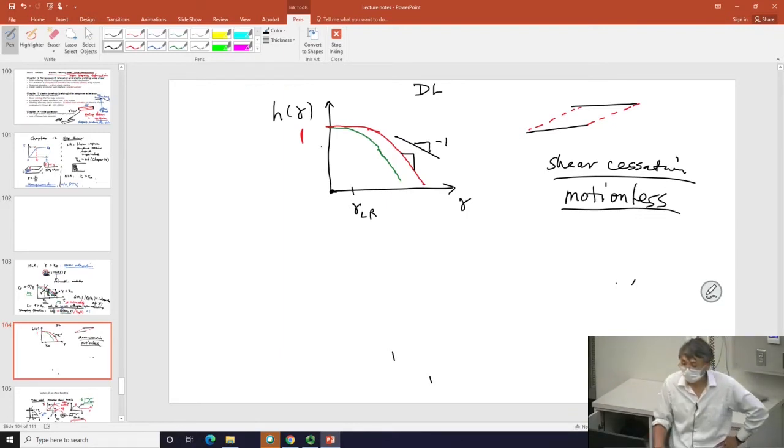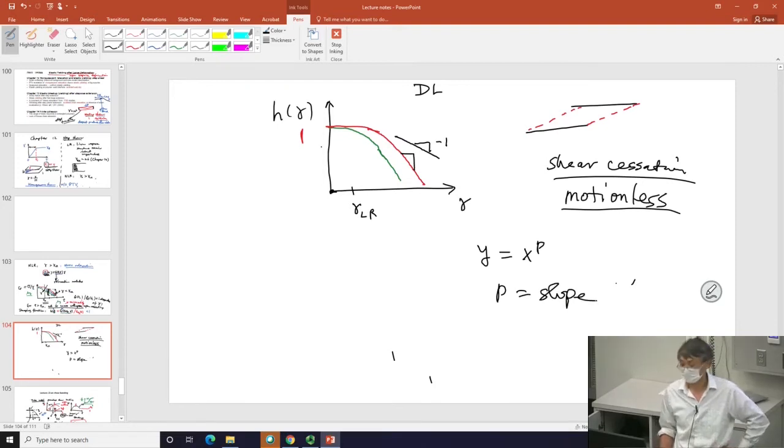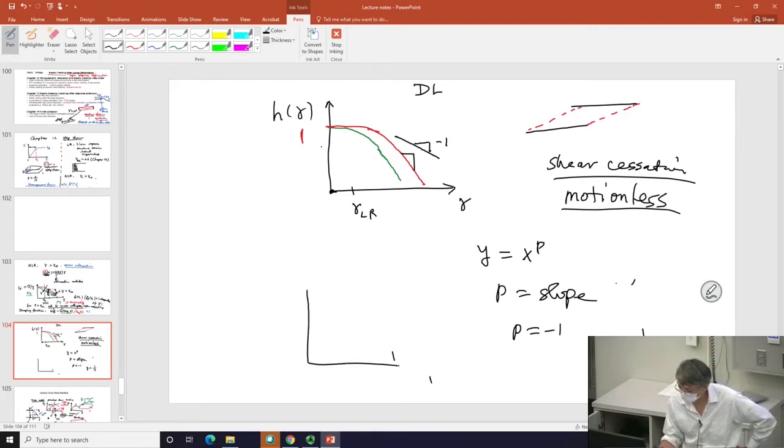Be confident about what we mean by slope on double log scales. P is the slope, right? That's what slope means. So if P is -1, it just means Y is 1 over X. And you know how 1 over X behaves. 1 over X is something like this, right?